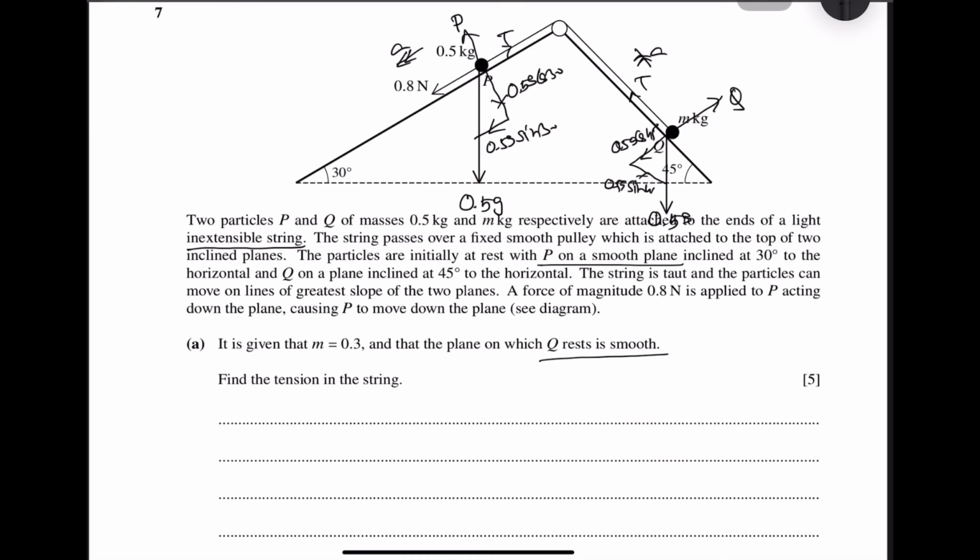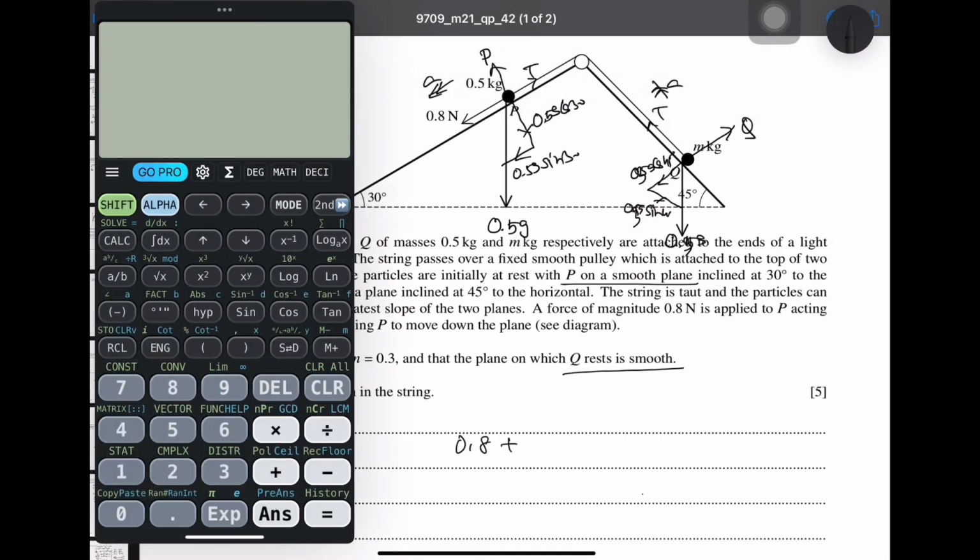So for P: 0.8 plus 0.5 g sin 30 minus T equals mass times acceleration, 0.5 times acceleration. This is the downward direction. For Q: T minus 0.3 g sin 45 equals 0.3 times acceleration.